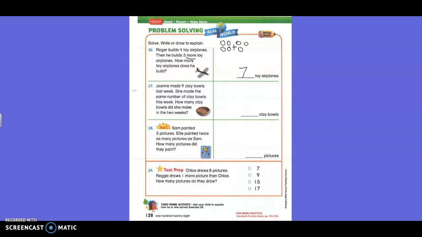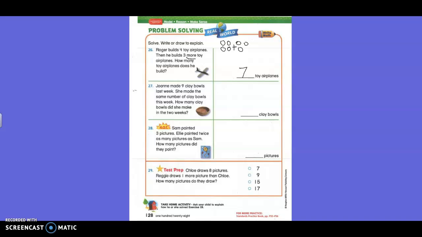Everybody ready for 27? Everybody read it with me? Joanne made 9 clay bowls last week. She made the same number of clay bowls this week. How many clay bowls did she make in the 2 weeks?